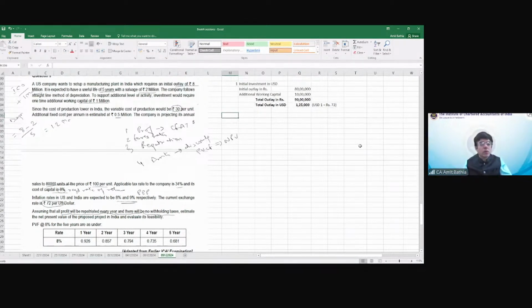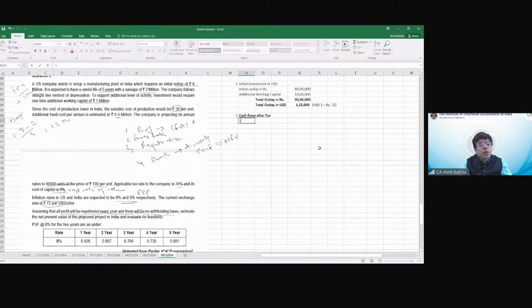Now, before I go further ahead with computation of profitability, I need to first of all calculate my CFAT, cash flows after tax. So how do I calculate that?